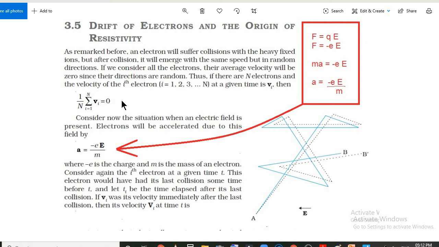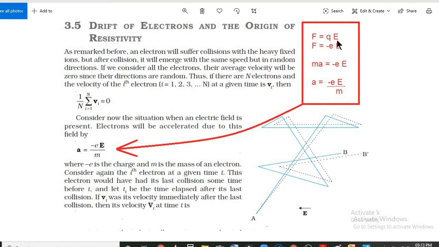Now what is happening? We have connected the wire with a cell or a battery. Then that cell can give an electric field to the wire. In the first chapter we studied the relationship between force and electric field. If there is an electric field, a charge that comes into that electric field will be affected by a force.